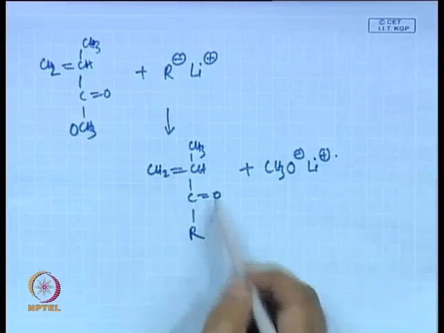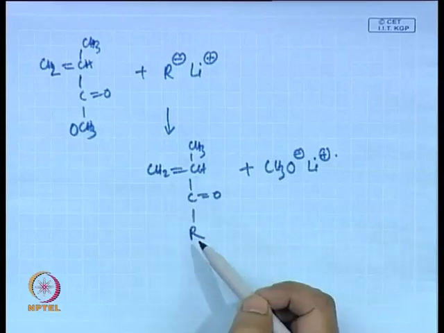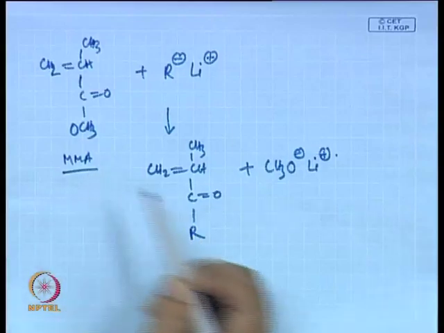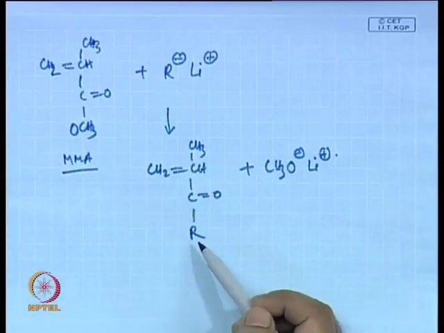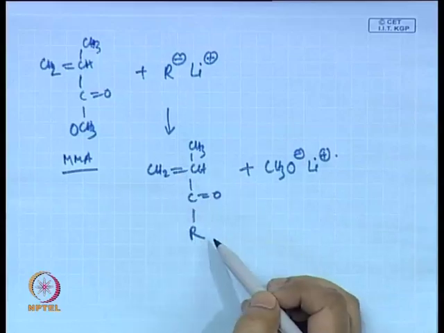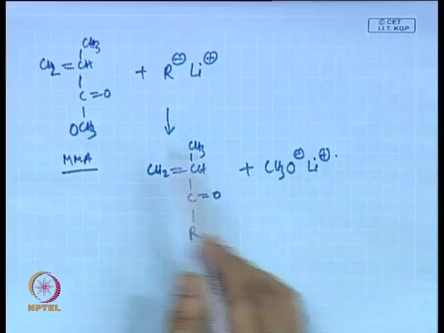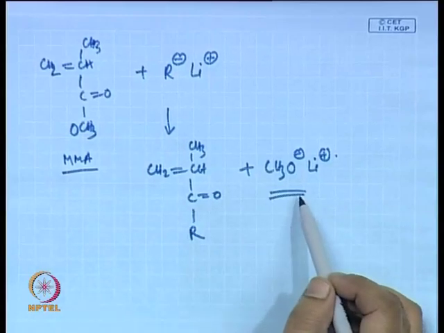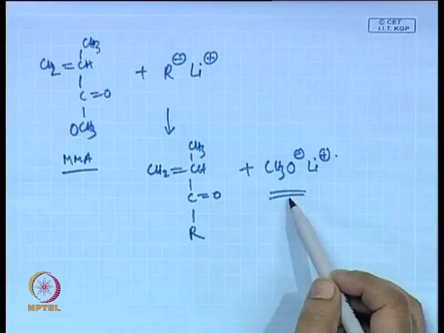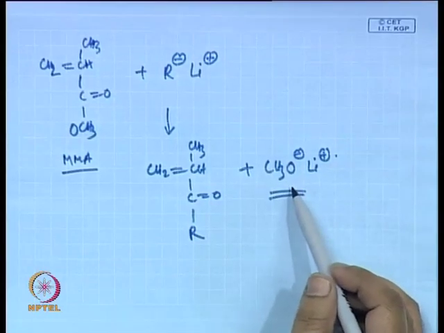Now, this is a different monomer altogether compared to the original methyl methacrylate monomer. So, basically now the polymer is actually a copolymer of methyl methacrylate and this monomer, and not only does it make a copolymer, the reaction also gets significantly slowed down because of the weak nucleophilicity of this generated anion.